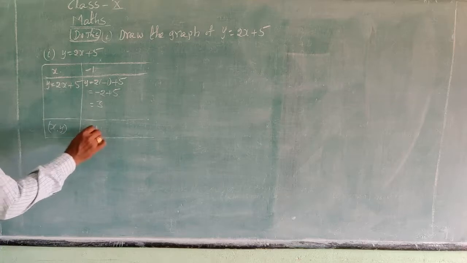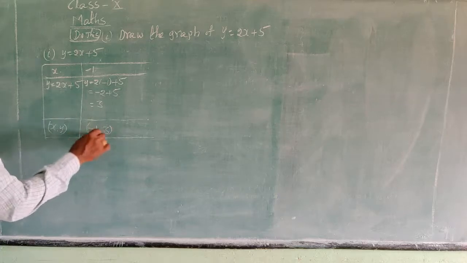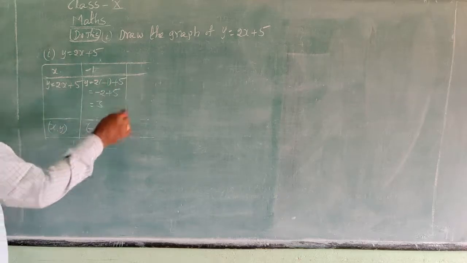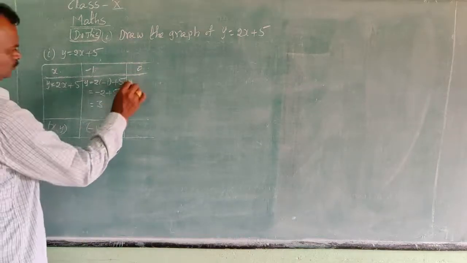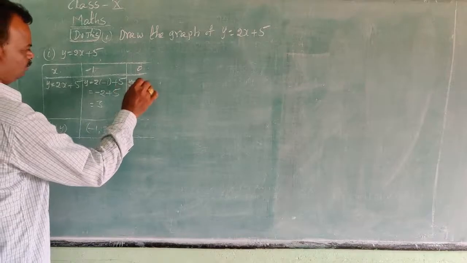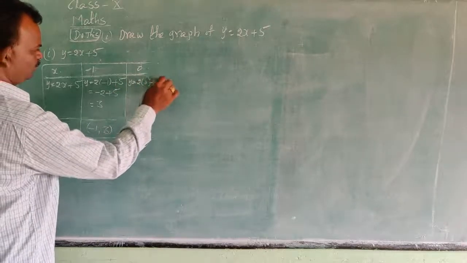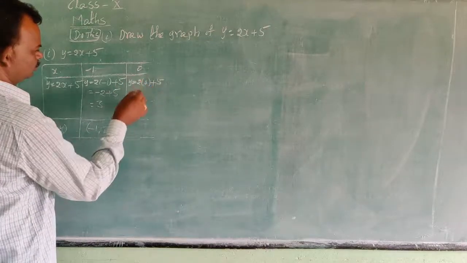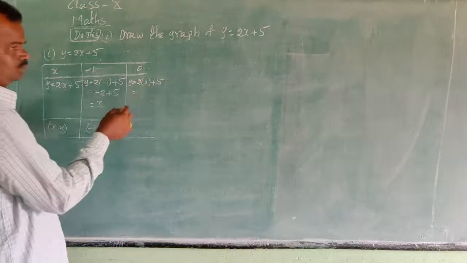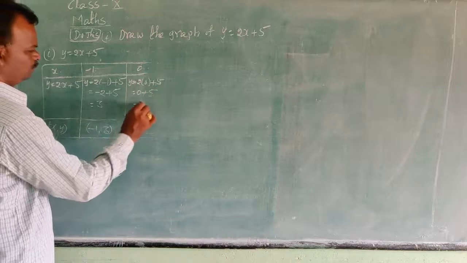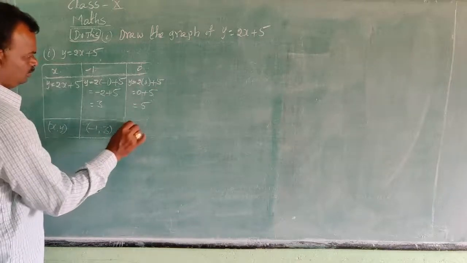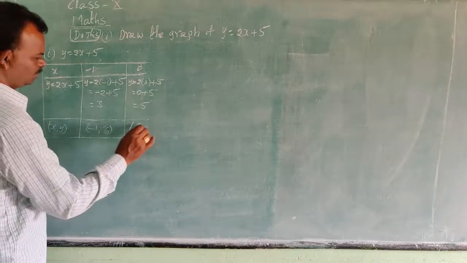The point is minus 1 comma 3. The second one we are taking as 0. y is equal to 2 into 0 plus 5, which is 5. Therefore, the point is 0 comma 5.